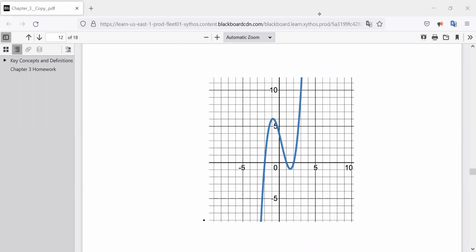What about this guy? Is this going to be odd, even, or neither? Somebody guess. This one's going to be neither, because if I flip it over just the x-axis, I don't get the same value. Right here, these two points are not equal to each other.